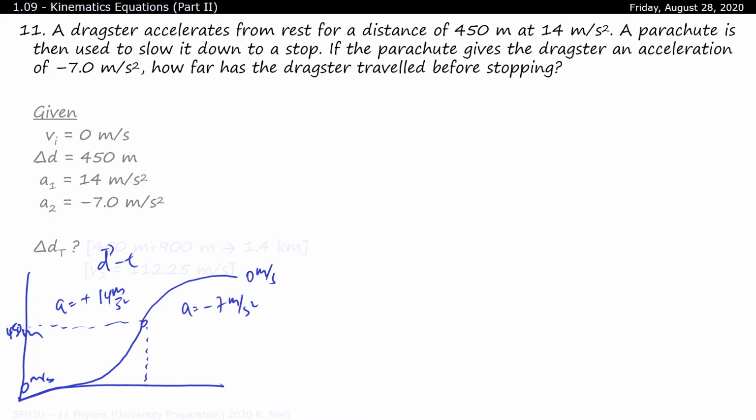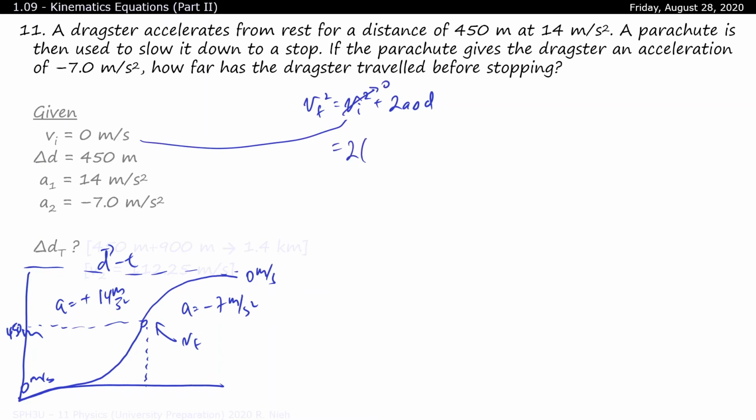So to figure out how far he has traveled in total, you'll need to figure out what the Vf is right over here. And with that, that will become the new Vi to figure out your final displacement. So that's what we'll figure out first. Vf squared is equal to Vi squared plus 2a delta d. Since Vi is 0, this simplifies down to 14 meters per second squared times the distance of 450 meters.